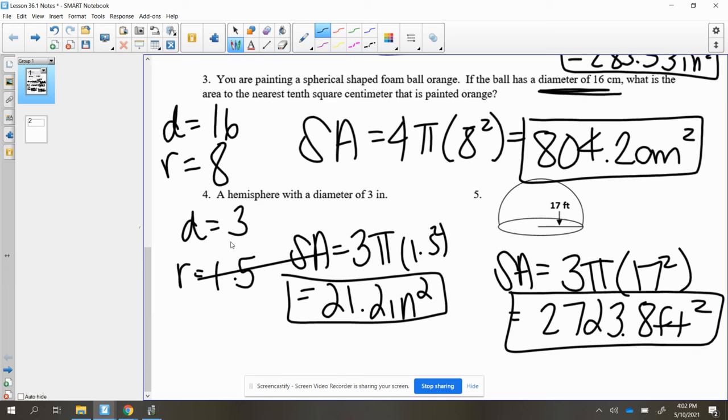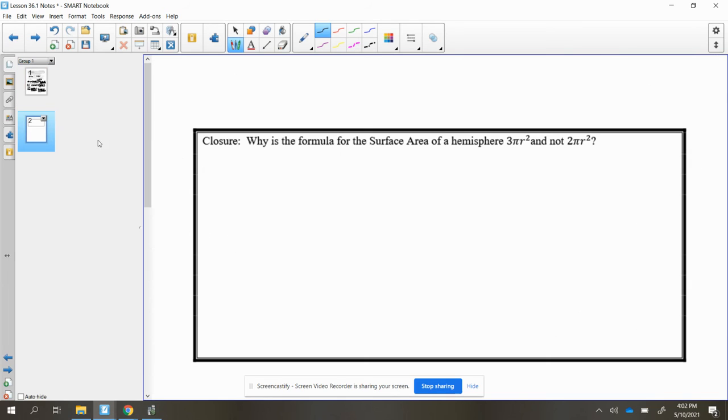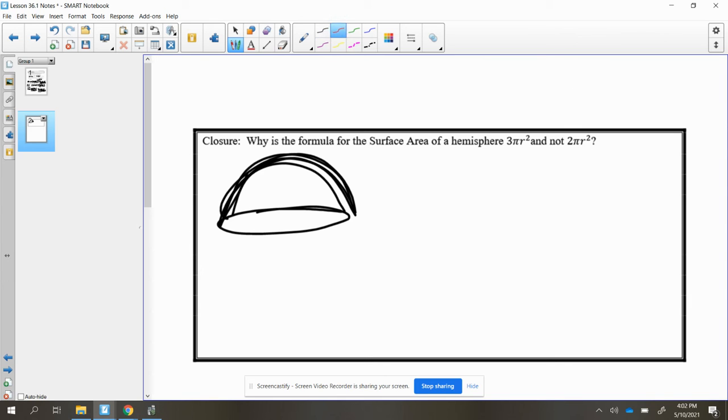Now, going back to what we talked about in the beginning, on the last page here, we have our surface area of a hemisphere being 3 pi r squared versus 2 pi r squared. Well, a hemisphere is vocabulary-wise half of a sphere. So why isn't it just half of 4 pi r squared? Well, we have to take into account still that circular base.